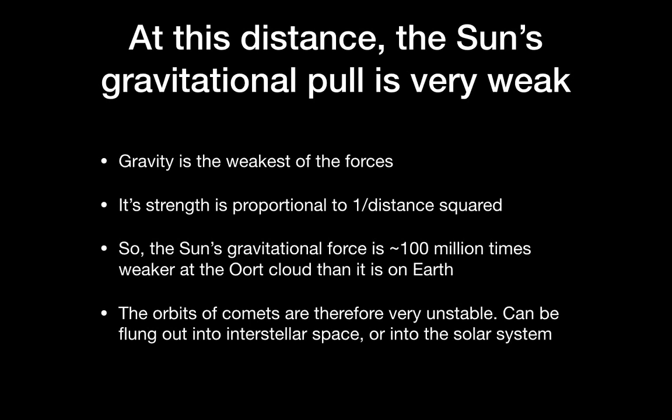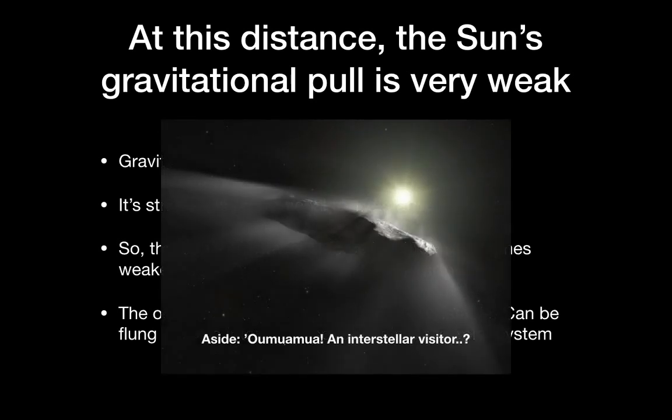I do think it's really cool, actually, that we could also eject these comets and send them to other stars. And recently there was an interesting comet found within our solar system that looks like it's an interstellar visitor. This is just a brief aside, but Oumuamua is a comet that was discovered a few years ago, and it has this sort of long cigar-like shape. A bunch of people thought it might be aliens.